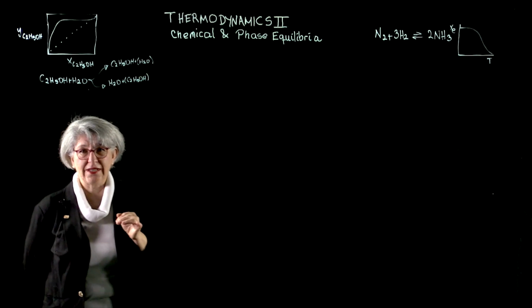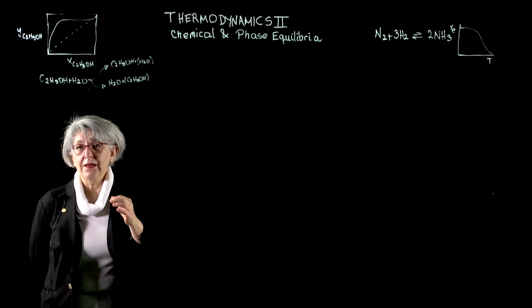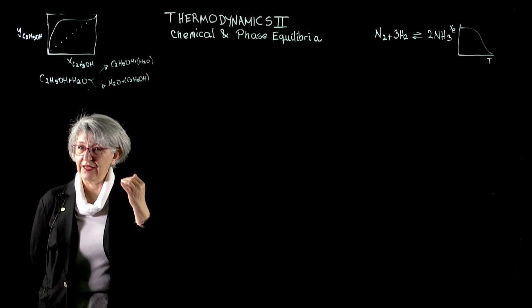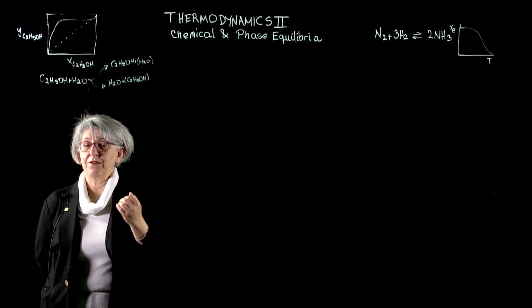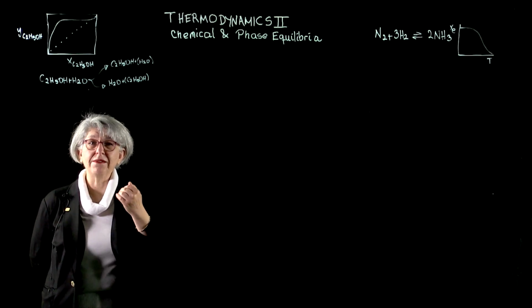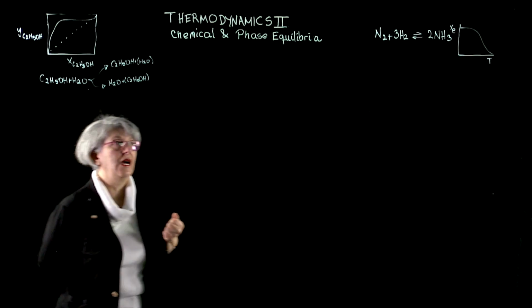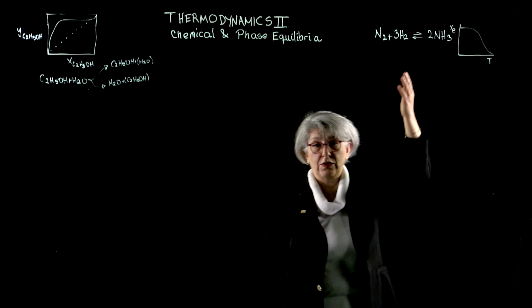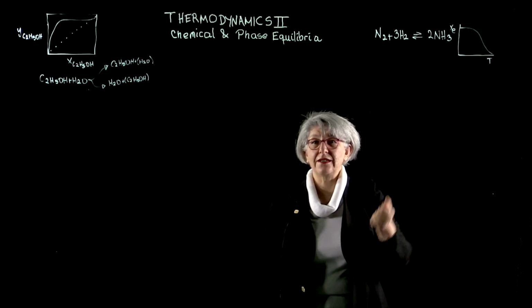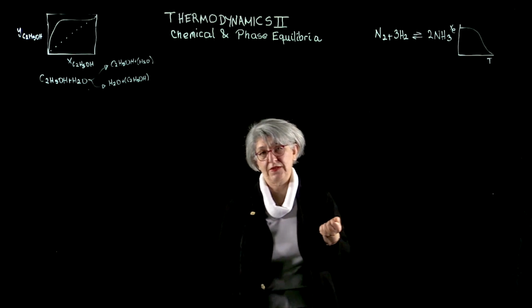We will learn what that extent is. So we have to get a general understanding of equilibrium, how it is related to multi-component phase equilibrium, how it is related to chemical equilibrium, and other aspects of chemical conversion processes.